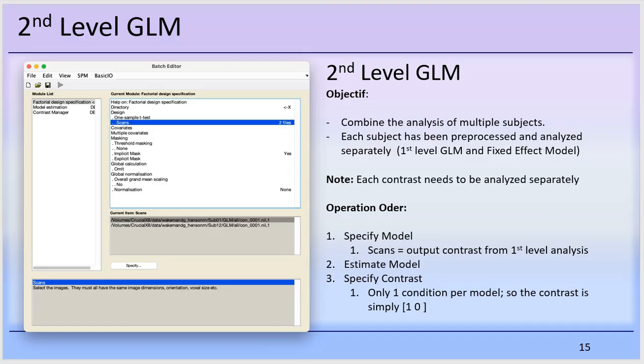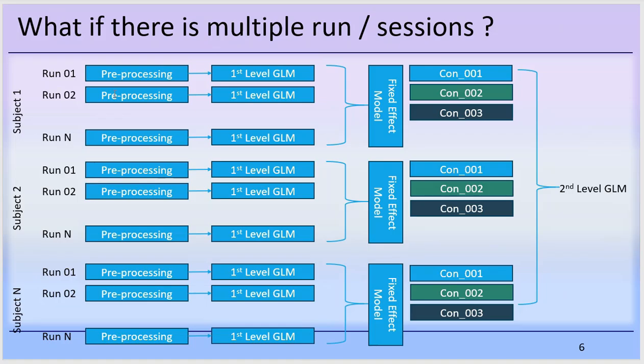Again, let's do a review. You learned to create one batch script. That batch script you can use for each run, for each subject, and you will get an activation map. You will use the output of those multiple runs as input for your fixed effect model, and you use the output of your fixed effect model as the input for the second level model.